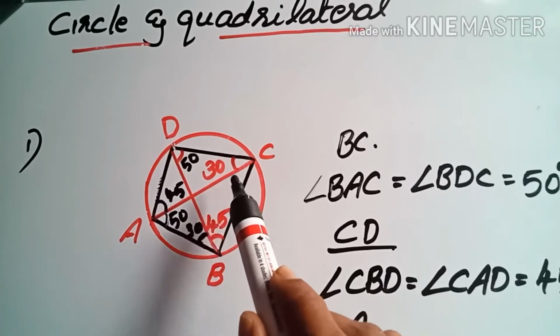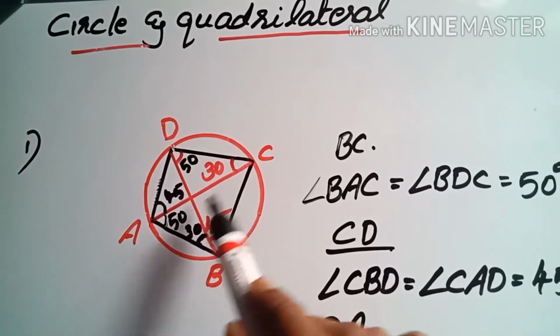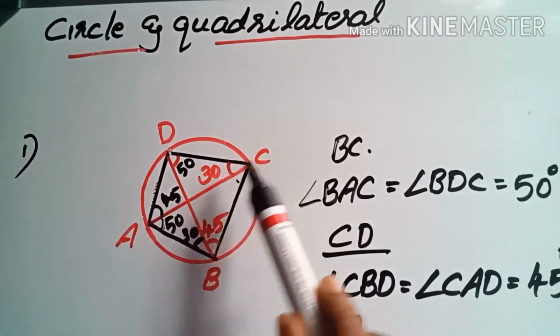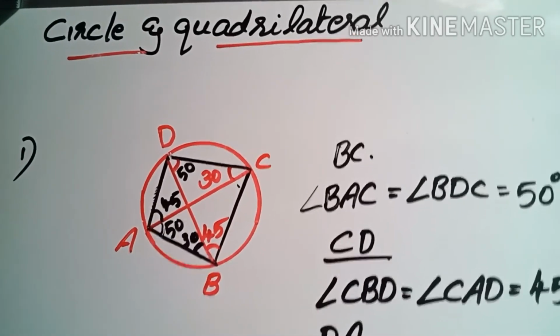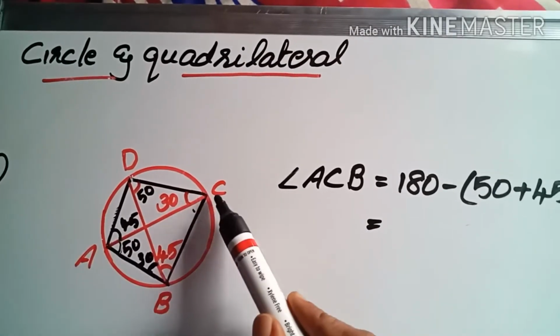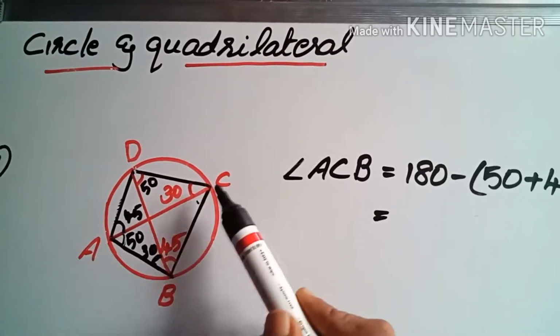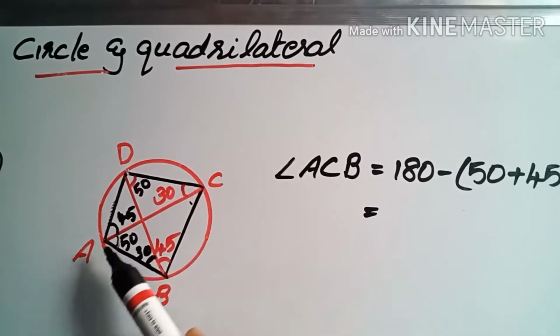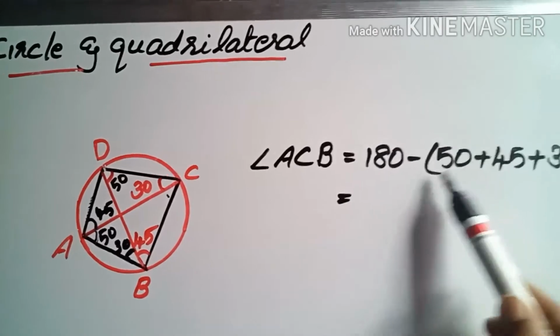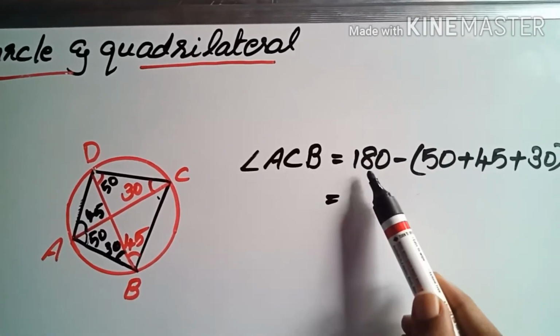In order to find this, 180 minus the sum of these three will be this angle, because angle A and angle C are supplementary angles. So in order to find angle ACB, we can subtract the sum of all these from 180.